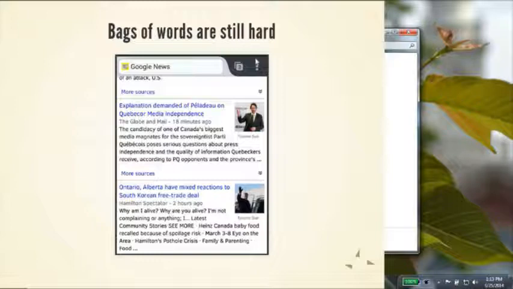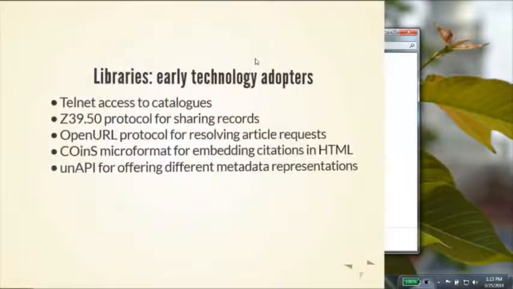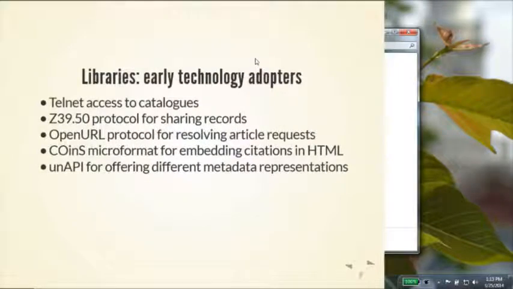That's pretty dramatic. So we have been really early technology adopters. We've seen the potential of technology to increase access to our resources, for our patrons to reach in and get access to our things. So Telnet and web access to catalogs, obviously, early on. We've decentralized our structure. So we had Z39.50 early on, an amazing innovation for a way of sharing our metadata and reducing our labor costs.